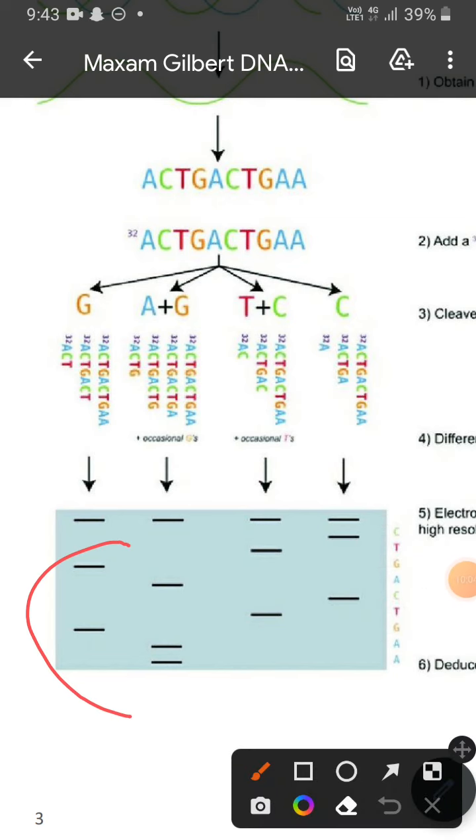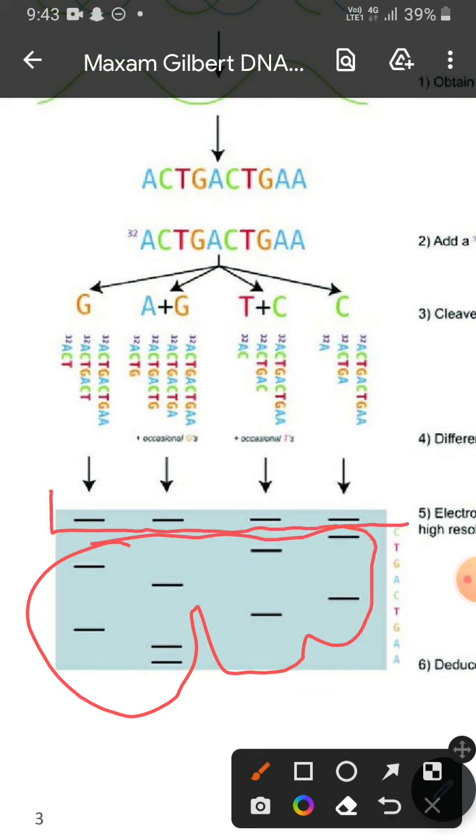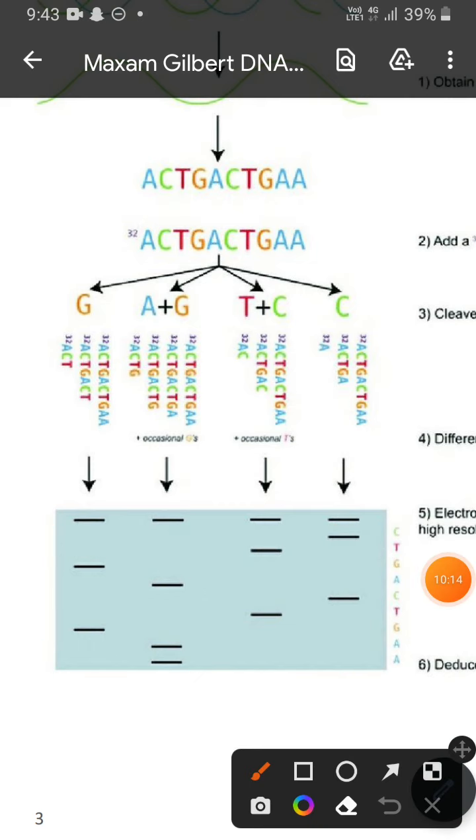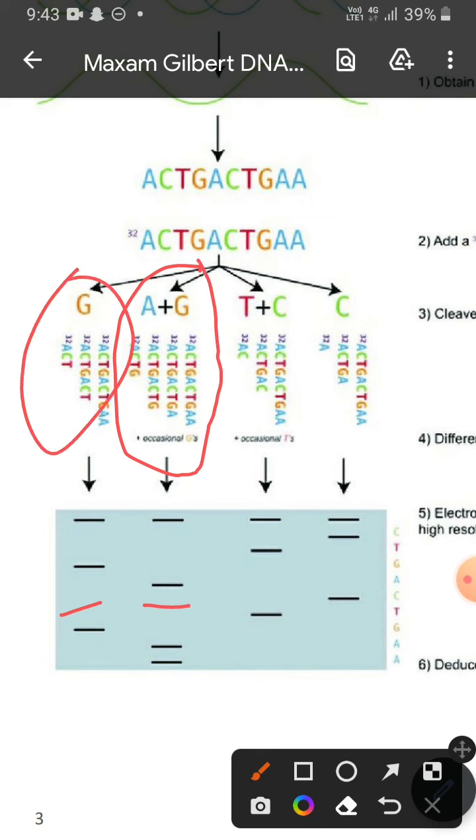Although here no such kind of things are present, because this line is simply the lane. So if you find any two bands in the same lane, suppose there is this and this, in that case we have to consider that A plus G and G, that means here G is present.